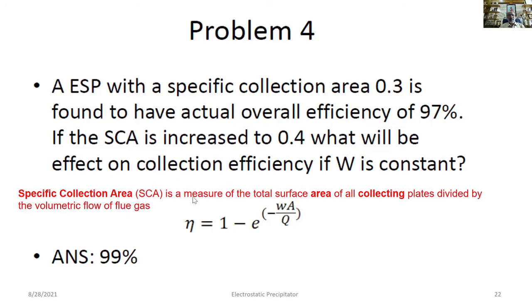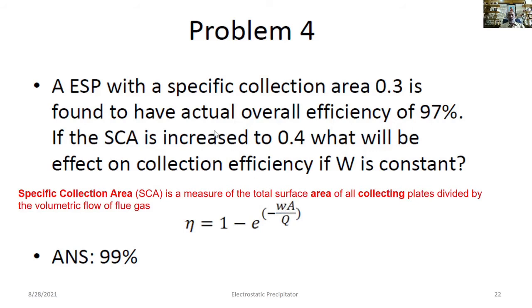Here we must understand and recall the term specific collection area, which is a measure of the total surface area of all collecting plates divided by volumetric flow of the flue gas. Hence, for given condition, we have the value of eta, we have the value of A by Q. So, for the given data, we can determine the drift velocity.